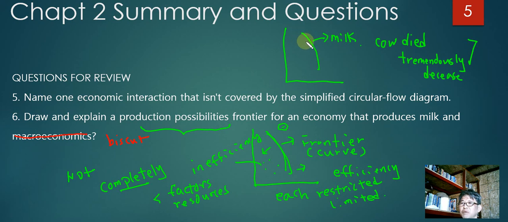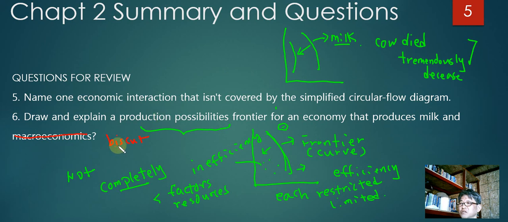Then the possibility frontier curve will move inside, not outside, like this, right? Because of the cow deaths, the production possibility line would move into the inner part.